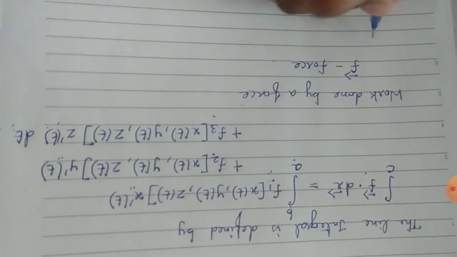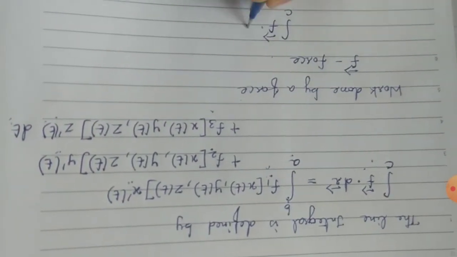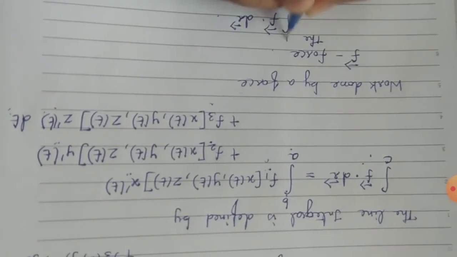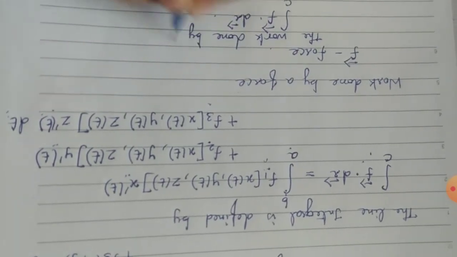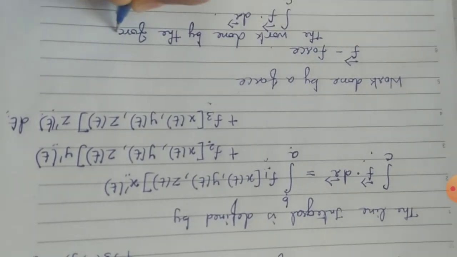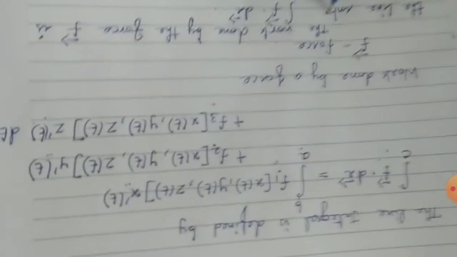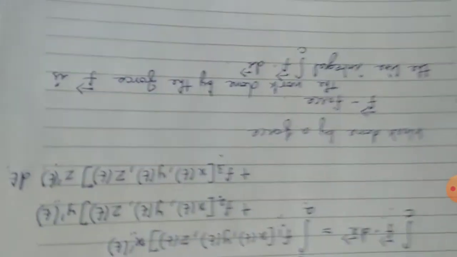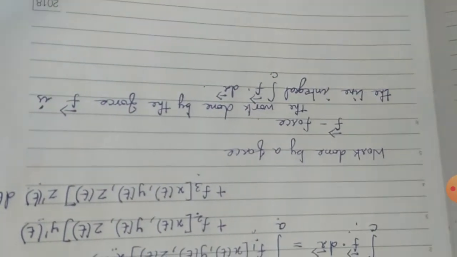So the work done by the force f vector is the line integral over C of f vector dot dr vector. If they ask for work done, you have to find the integral over C of f vector dot dr vector.